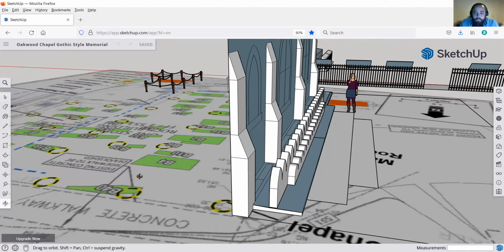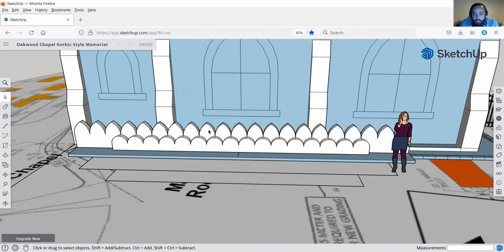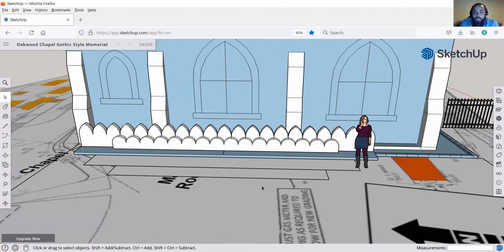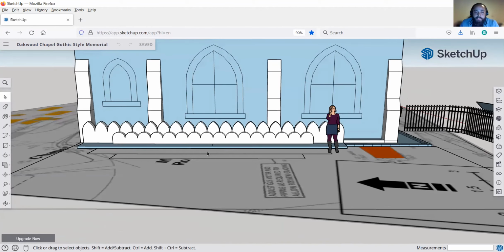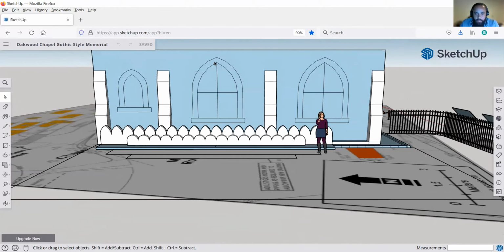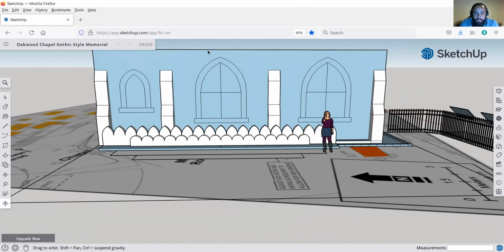You have each of these 21 Gothic arch monuments, and then the 16 in front for the infants and children. This shows you where things would line up, and this is centered directly on this window pane here. So that's the center line.